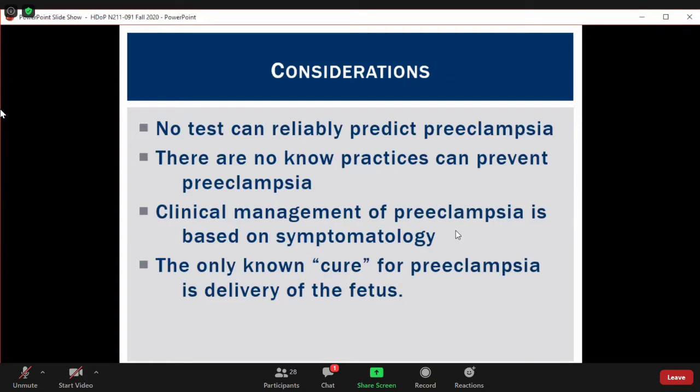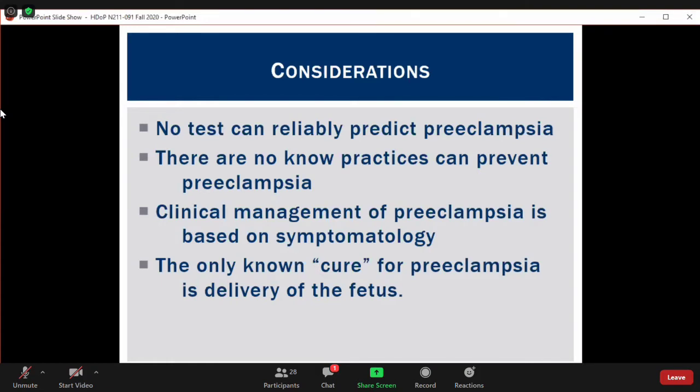All right. So preeclampsia, there's no specific test. It's really based on the clinical manifestation. There's nothing specific that can be said, if you do this, you won't develop it. This is a disorder that has to be diagnosed based on the symptoms, on the clinical manifestation.